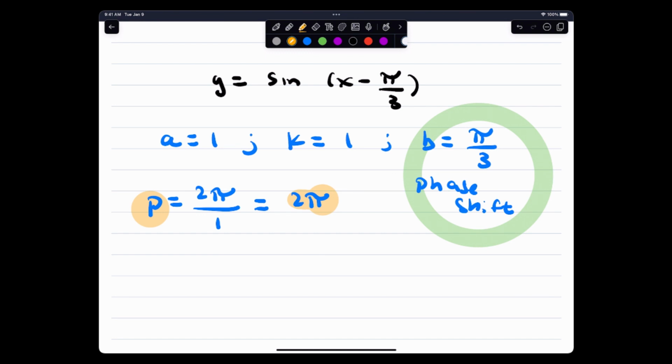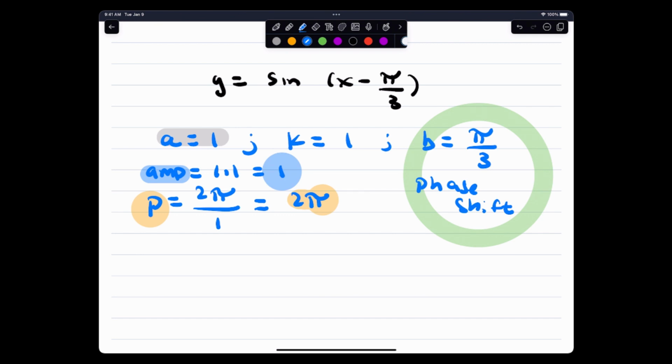The amplitude, we forgot to do that. Let's start with the amplitude first. Let's always go systematically. Amplitude is the absolute value of 1, so our amplitude is going to be what? 1.